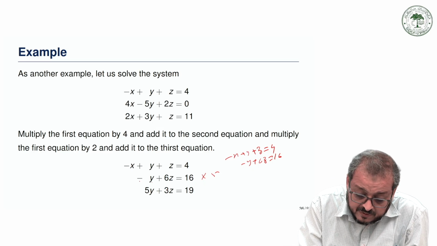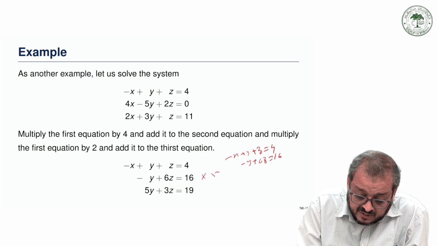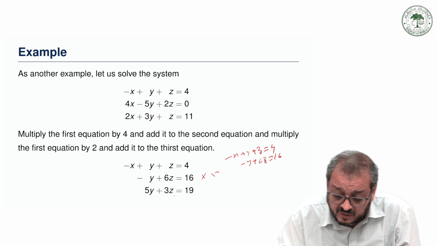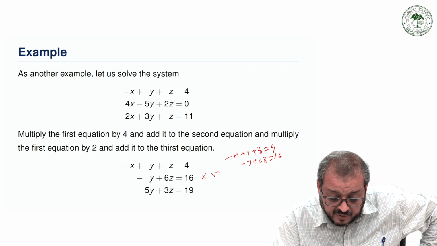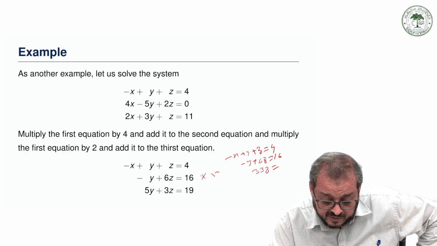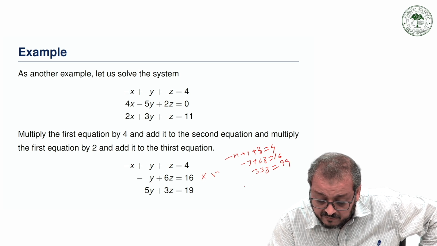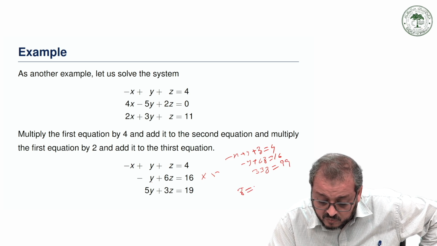Now we multiply by 5 and add, so this cancels out. Then you have 33z is equal to 99, so z is equal to 3.